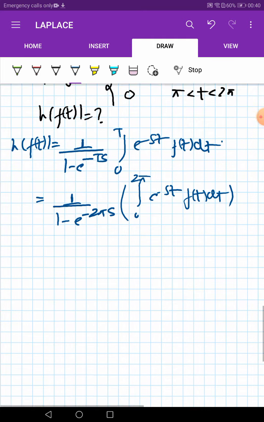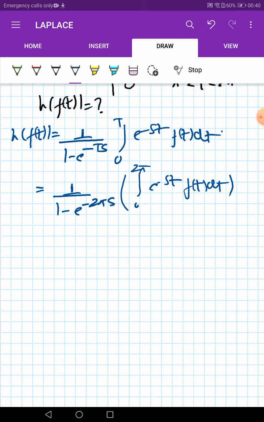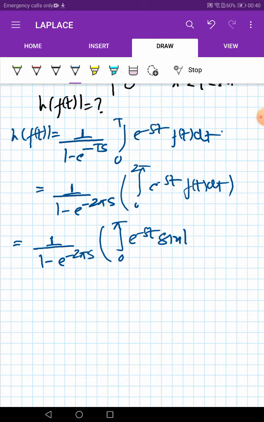Now we know that our function is changing value from 0 to pi and then again pi to 2 pi, so I split the integral: 1 by 1 minus e power minus 2 pi s, integration 0 to pi e power minus st, and f of t from 0 to pi is sin t dt, plus integration pi to 2 pi e power minus st. The value of f of t will be 0 from pi to 2 pi, so I put 0 dt.